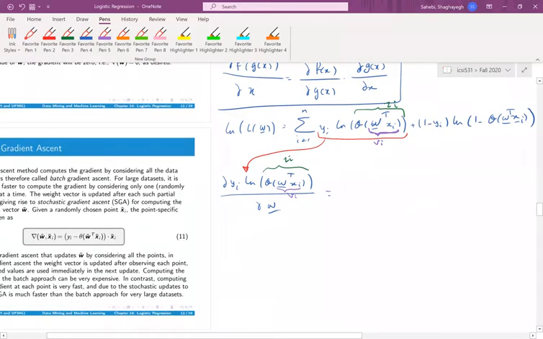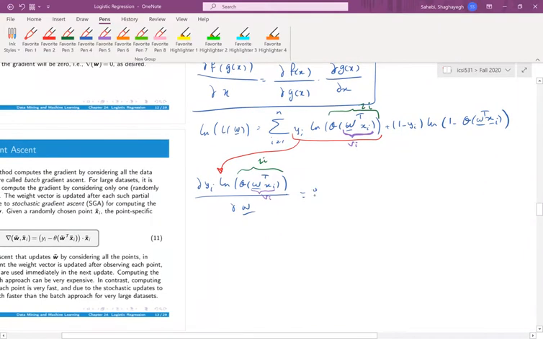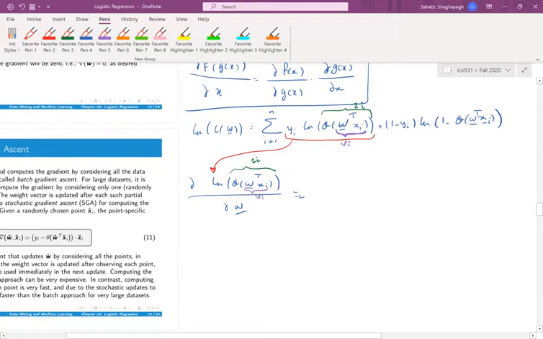Okay, now having the chain rule, we have yi, which is out there. So actually, let's not do this now. Let's just take the derivative of this part, and then we will add yi later on. That will be easier. So here, that means that we can take the derivative of ln of Zi with respect to Zi.